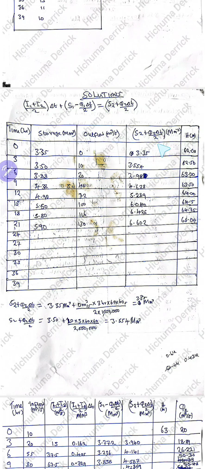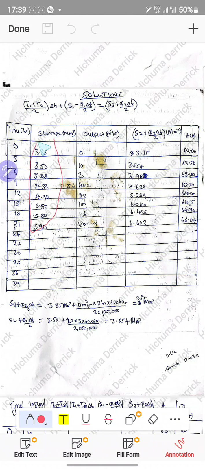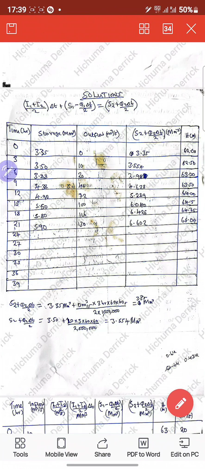Now, how is this calculated? You get these figures: there is storage here, and then there is outflow here. This other column wasn't really necessary for now when creating this.